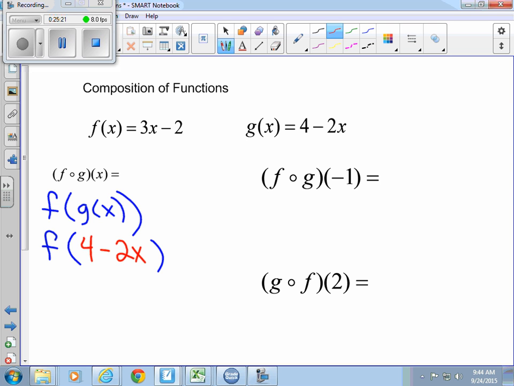So I'm just going to rewrite g of x with the actual g of x function. And so now this reads f of 4 minus 2x.